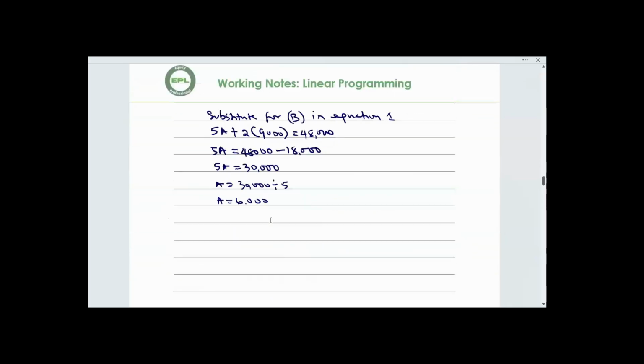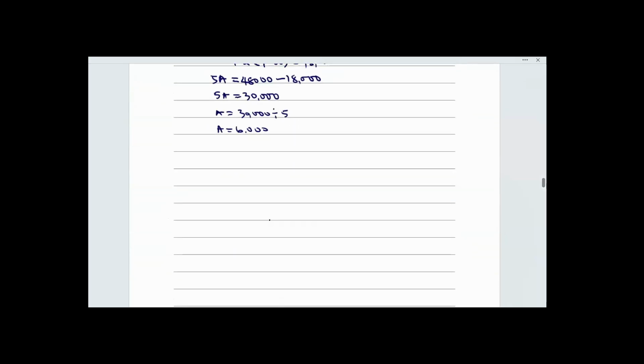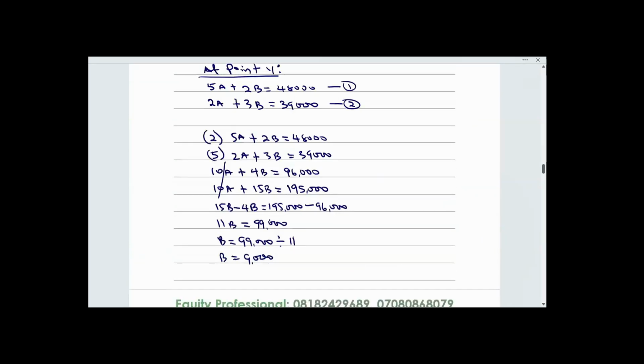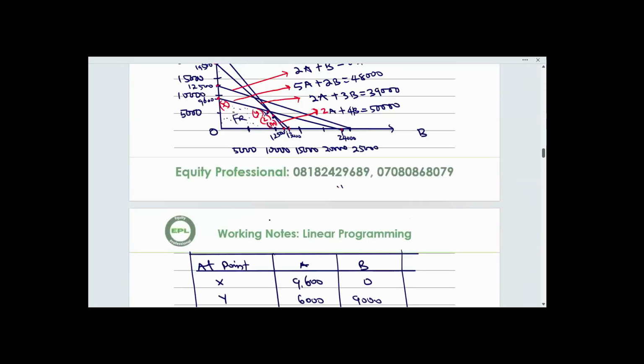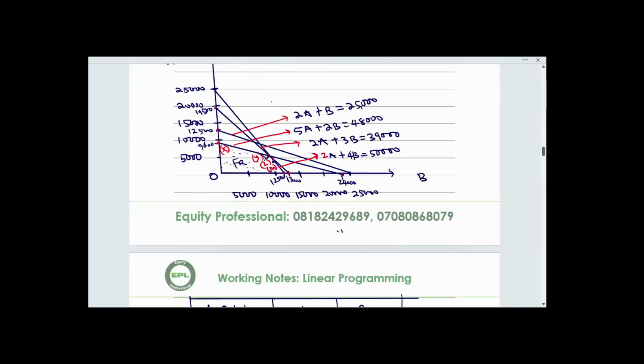So at point Z, what are the two equations that are intercepted at point Z? Let's go and identify it. At point Z, we have this equation of 12,500 that went up.